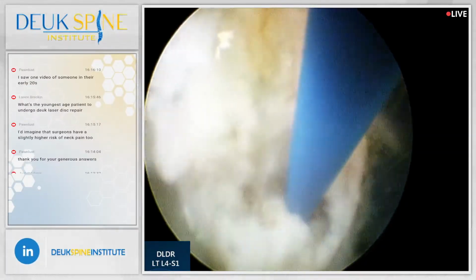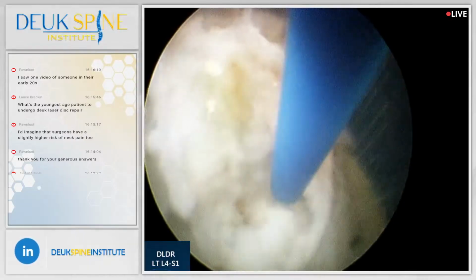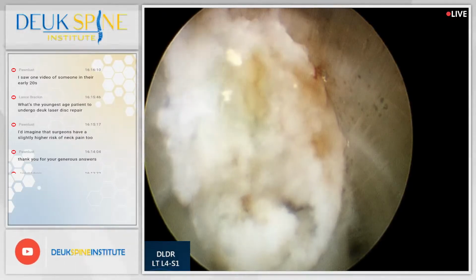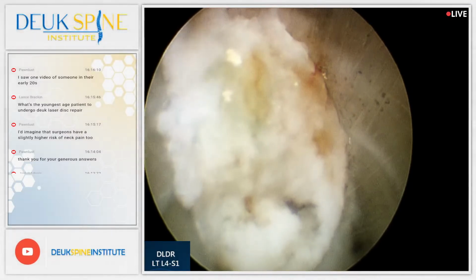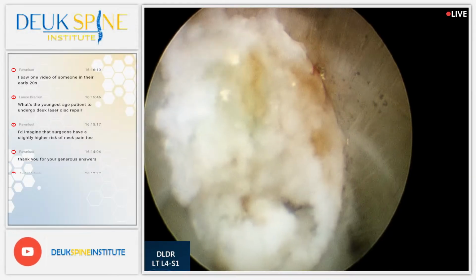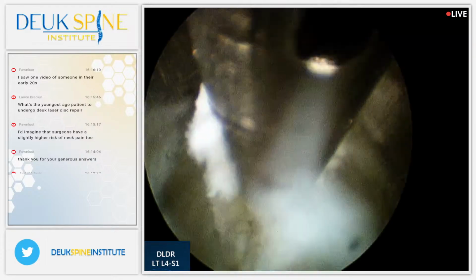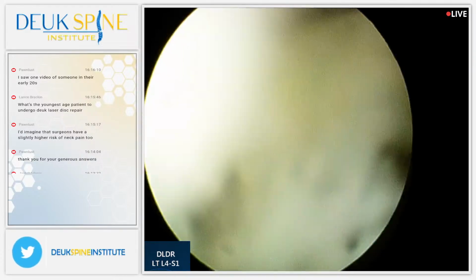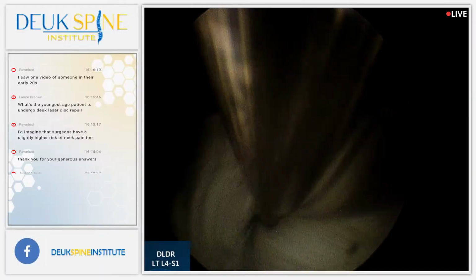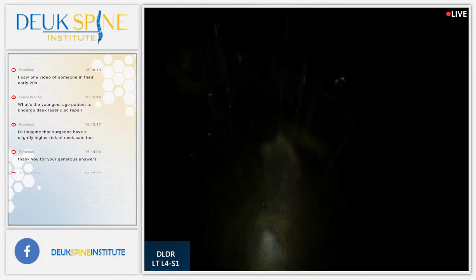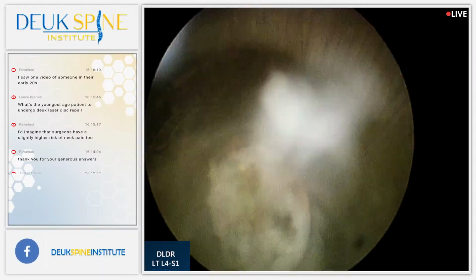And when your facet joints are damaged to the point where those things are signaling pain every time you move, they need to be eliminated. They need to be removed, destroyed. And that is the best treatment in the world for those facets, because it's so safe, it's quick, and it's totally effective.